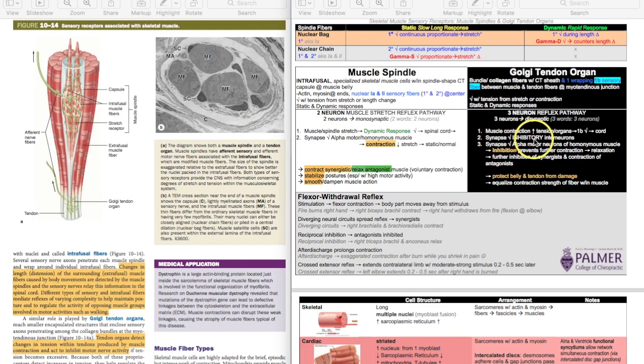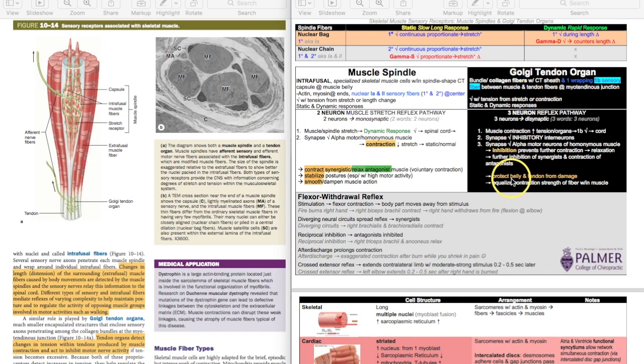That inhibitory interneuron will go forth and synapse with the alpha motor neuron of the homonymous or same muscle, and inhibition prevents further contraction, which leads to relaxation, and then also further inhibition of synergistic muscles, and even the contraction of antagonistic muscles, kind of the opposite of the muscle spindle.